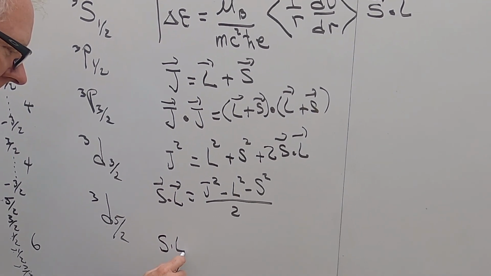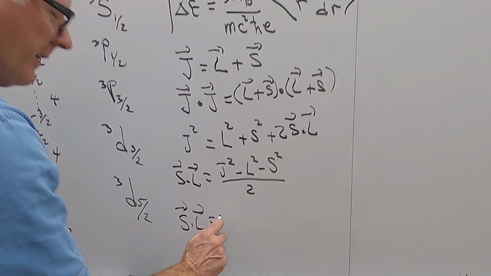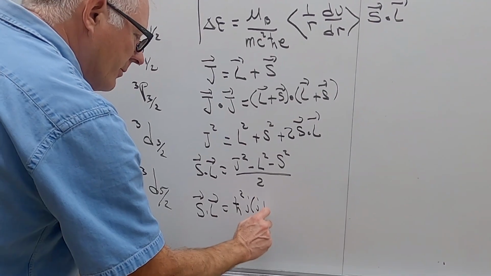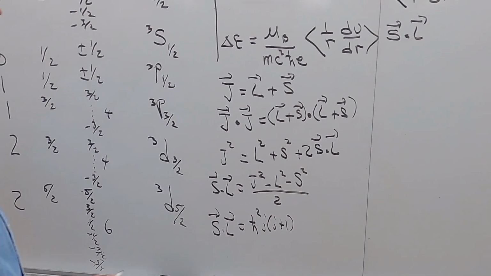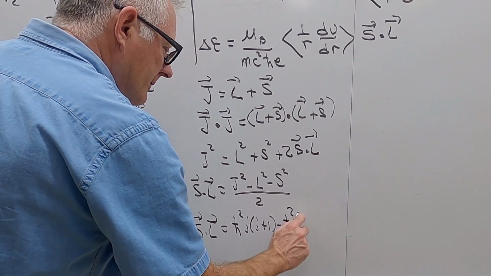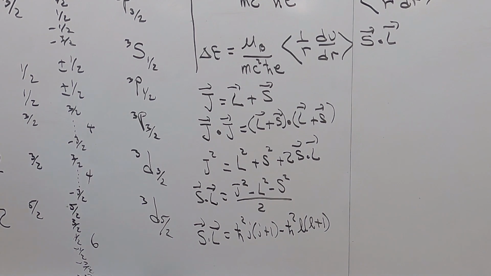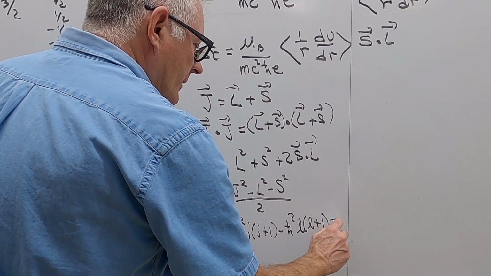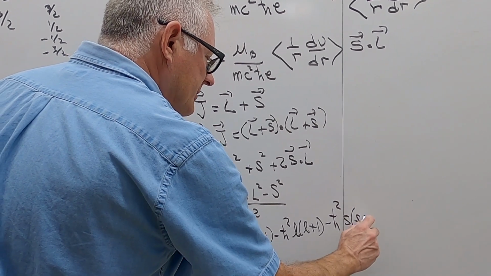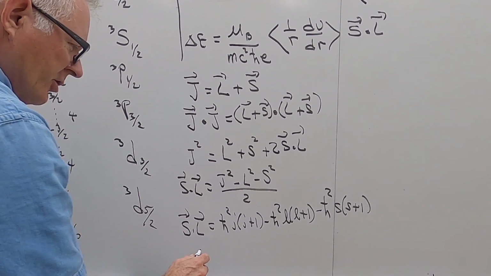S dot L is equal to, this right here was H bar squared J times J plus 1 minus H bar squared L times L plus 1 minus H bar squared S times S plus 1, all divided by 2.